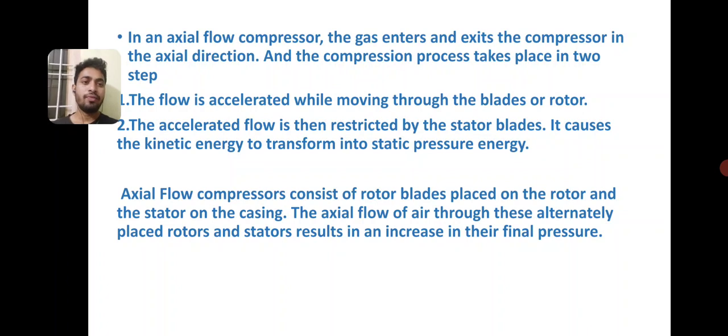The axial flow of air through these alternately placed rotors and stators results in an increase in the final pressure. Mostly the compressors are used to raise the pressure used for combustion, and also to raise the pressure of gas used for cabin pressurization in aircraft.